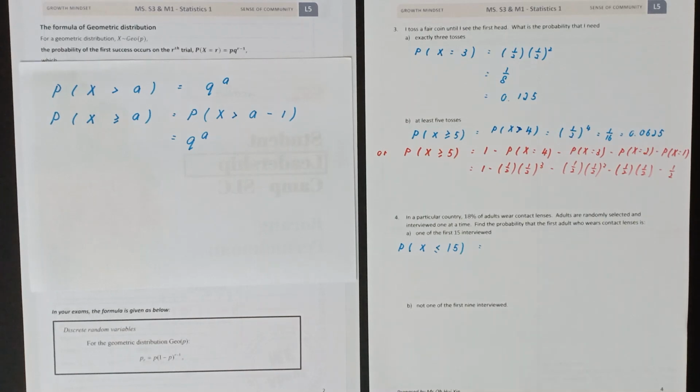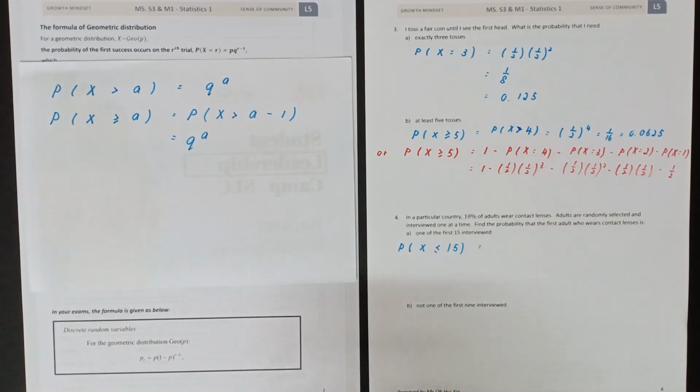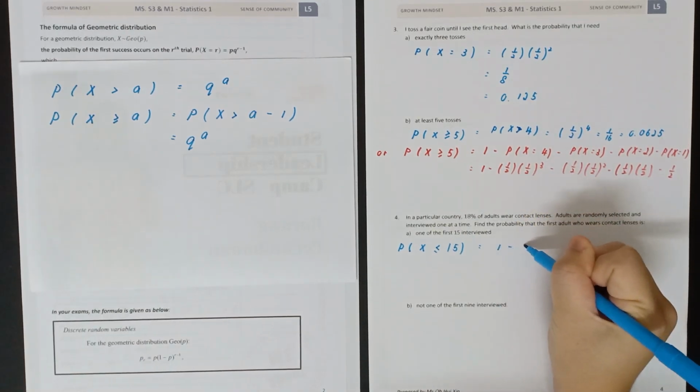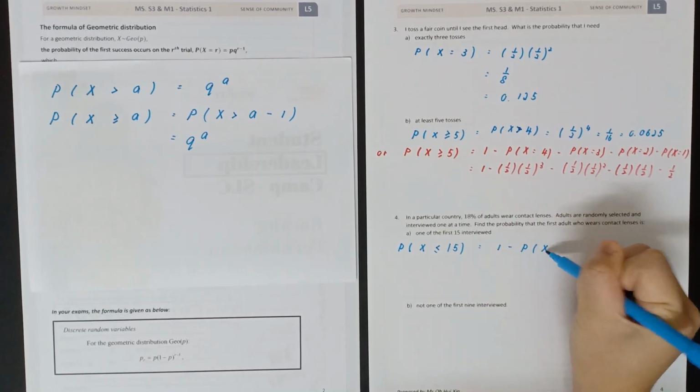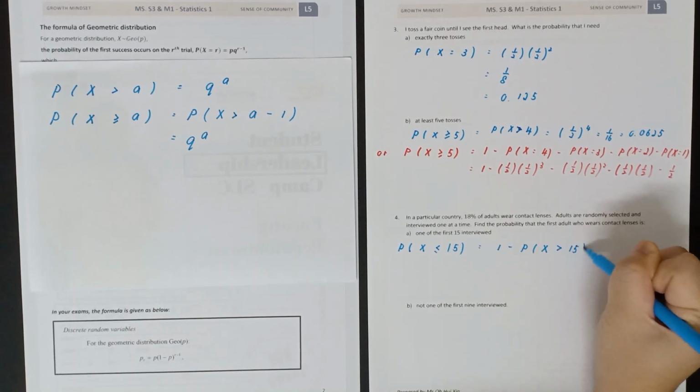So the probability for you to get the first success in 15 or fewer trials is equal to 1 minus what doesn't happen. It's like your first success comes after 15.